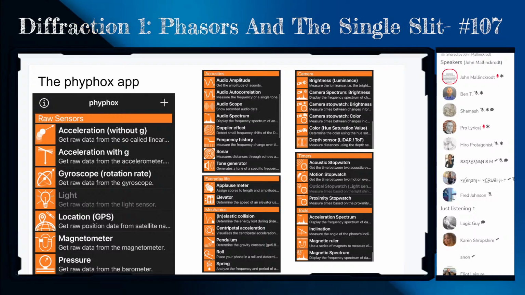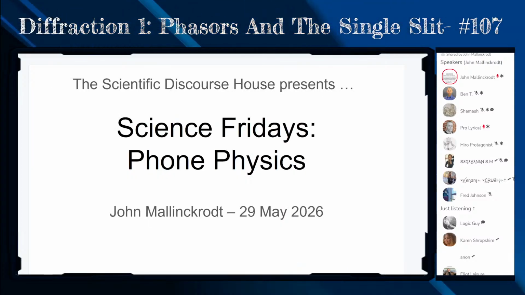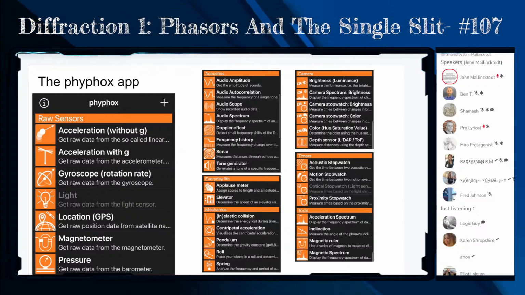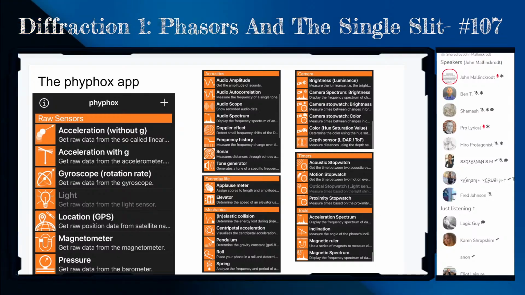In all these raw sensor modes, you can gather data and then output it to a spreadsheet, right? But it doesn't give you something that you can plug into another program, if that's what you're asking.